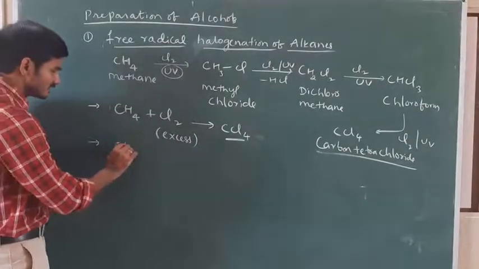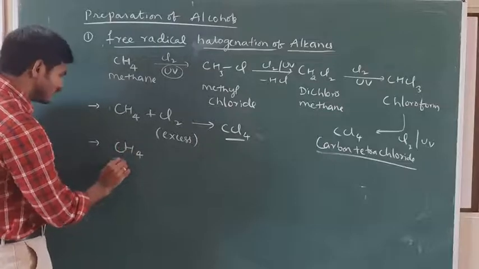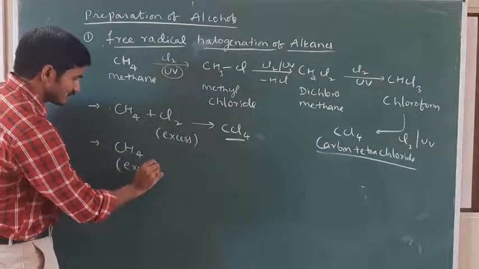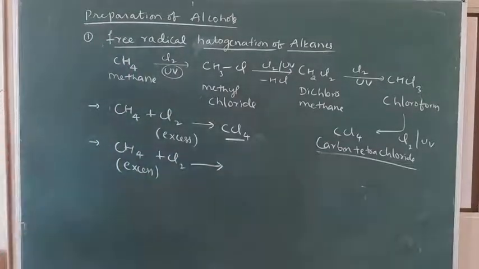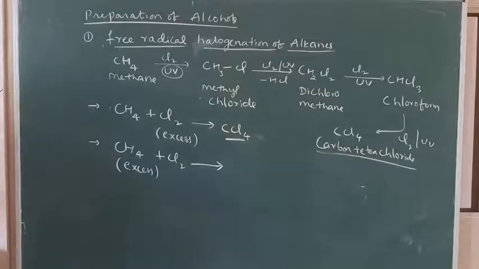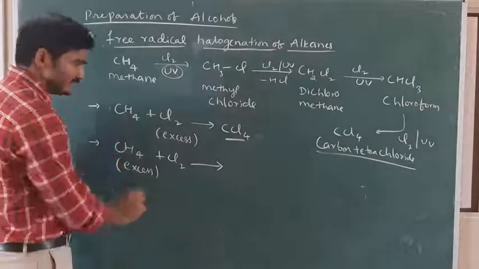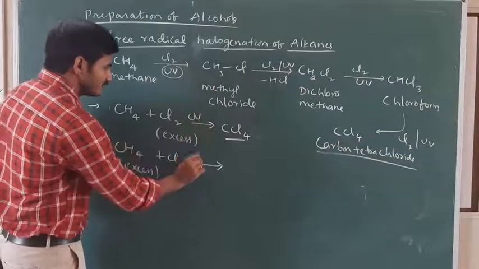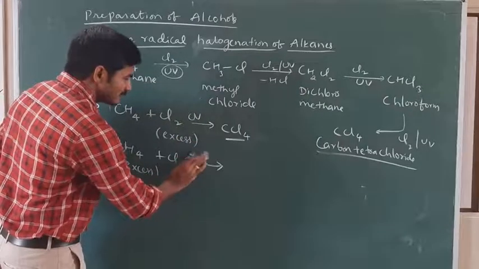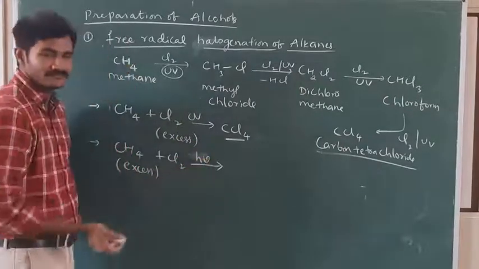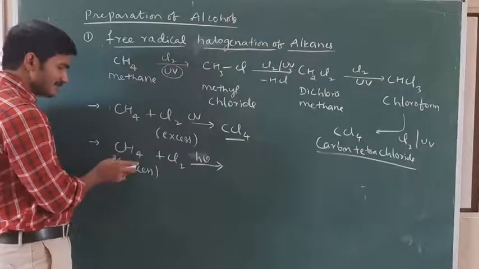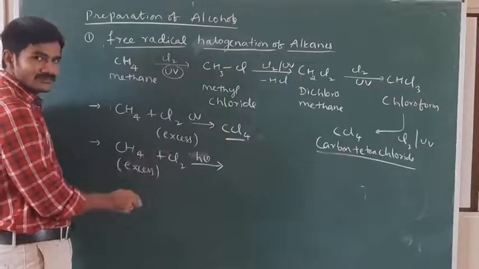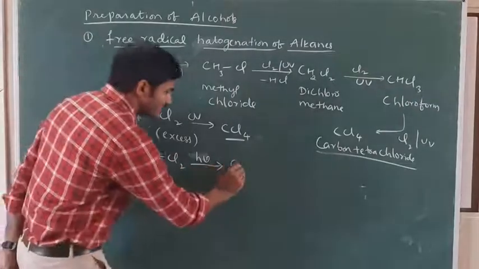Similarly, if I reverse it, if I take CH4 in excess plus Cl2, can you tell me the product? If I take methane in excess, chlorine, same, in the presence of UV light. Simply remember, UV light can also be replaced with hν. hν is nothing but light, don't get confused. If I take methane in excess and chlorine 1 molecule, 1 hydrogen can be replaced.